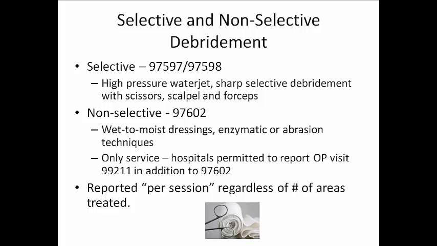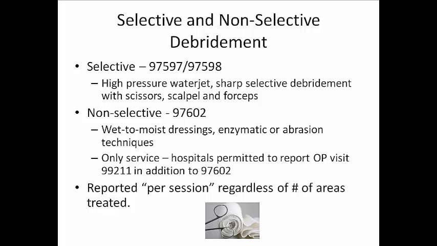The codes 97597 and 97598 are selective, 97602 is non-selective, and they're differentiated by whether the debridement was selective, which includes a high pressure water jet, sharp selective debridement with scissors, scalpel, or forceps, or non-selective, including wet to moist dressings and abrasion techniques.